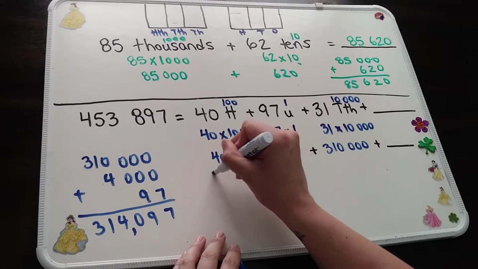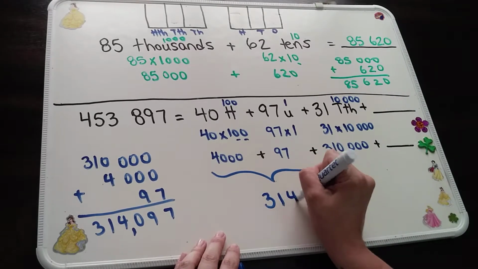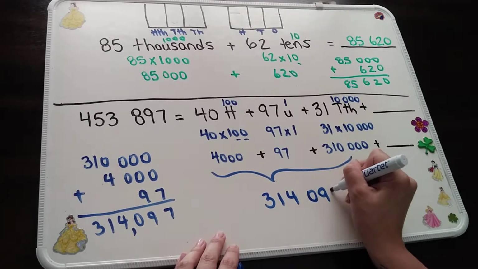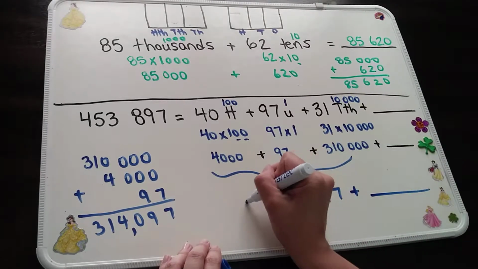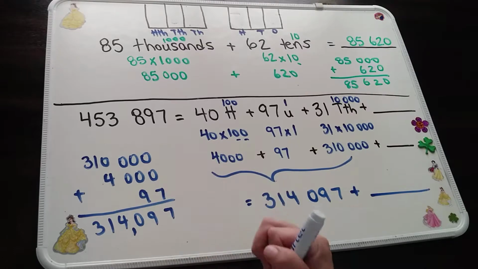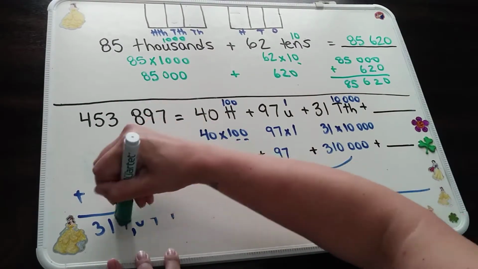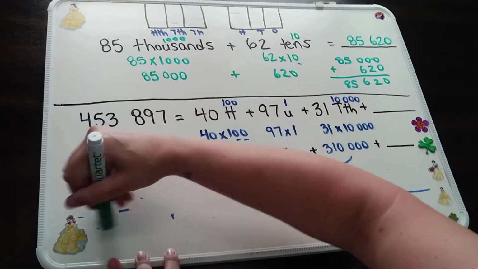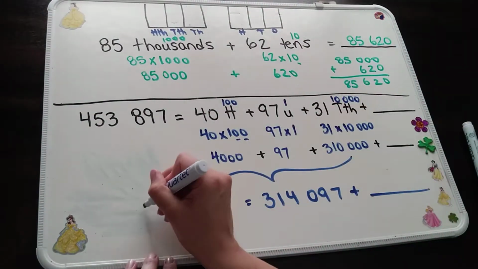Okay, so I know that all of this, 314,097 plus something, is going to give us, oh, let me move this out of the way for you. Apparently I need a bigger whiteboard.